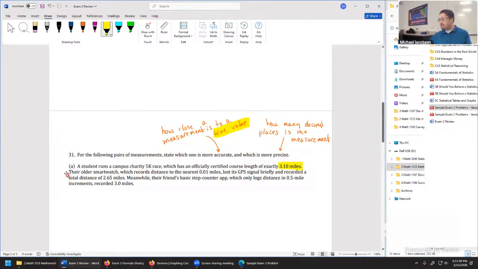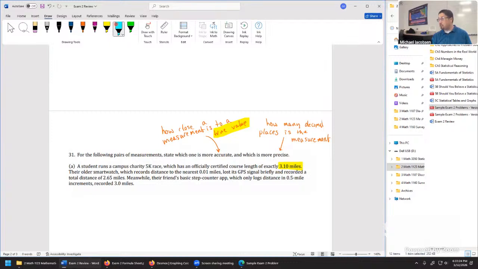And it says next, their older smartwatch, which records distance to the nearest 0.001 miles, lost its GPS signal briefly and recorded a total distance of 2.65 miles. Meanwhile, their friend's basic step counter app, which only logs distance to the nearest half mile increments, recorded that there was a run of 3 miles on this race.